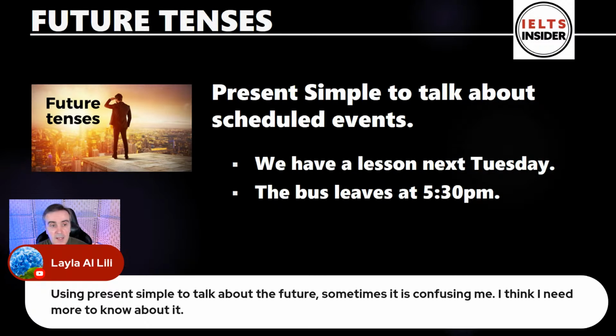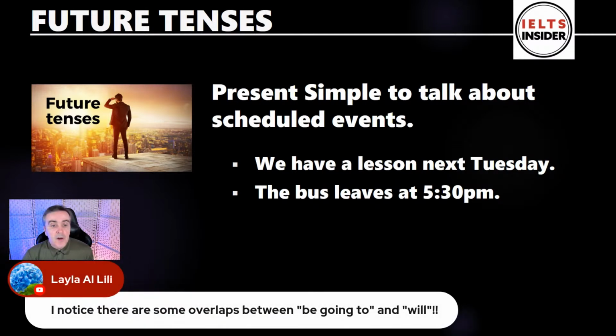So something is happening at your work. Let's say next week you have a meeting with a client. So you could say, I have a meeting on Tuesday. So we're referring to that meeting. So it is only this one purpose that we use the present simple to talk about scheduled events.